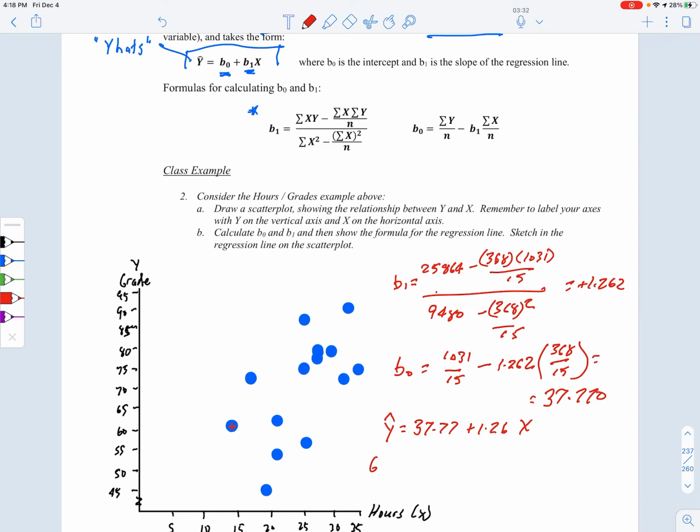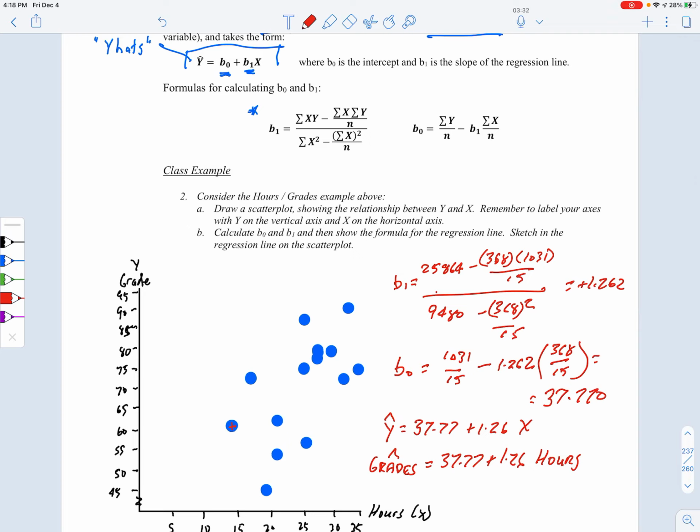So we would say grades hat, our estimate of our grades, is equal to 37.77 plus 1.26 times hours spent. And that means that for every 1.26 hours that you spend studying, then your grade should go up by 1%, I guess it is in this particular case, if you take a look at the original numbers.